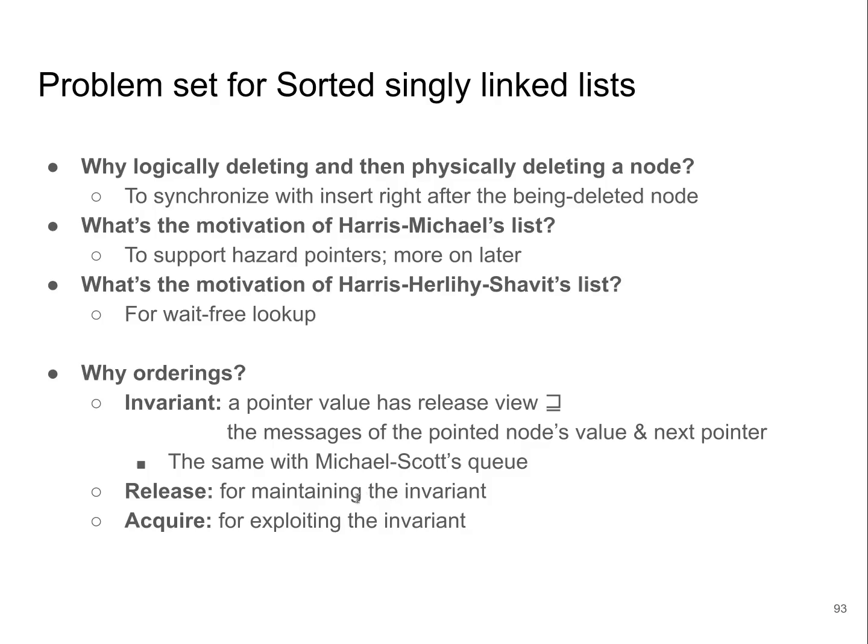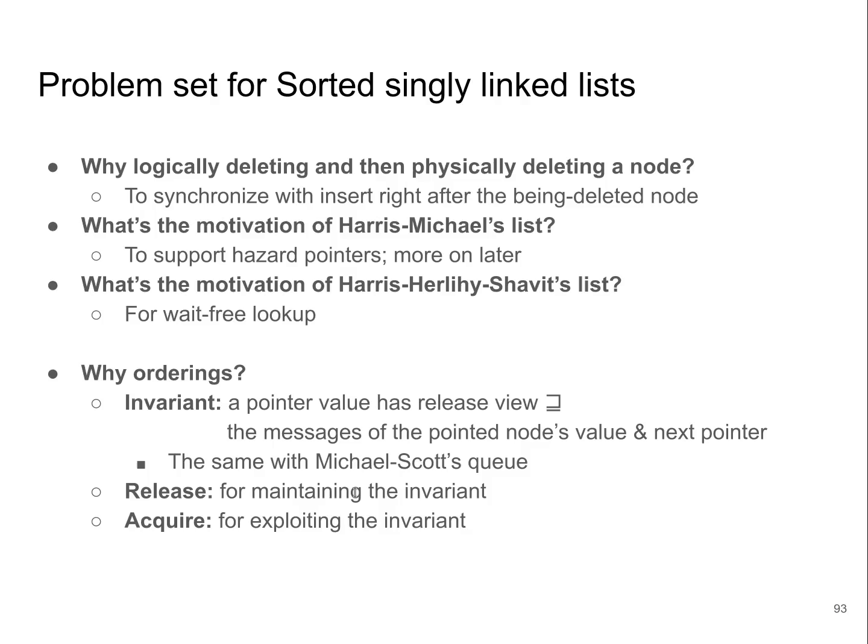Fortunately, this is already acquired by the previous iteration of the lookup here. So this next becomes the next current node, and because this is acquired, now it can be released to maintain the invariant of this previous node. This previous node's next pointer, its release view becomes greater than or equal to the current node's key value and next pointer.